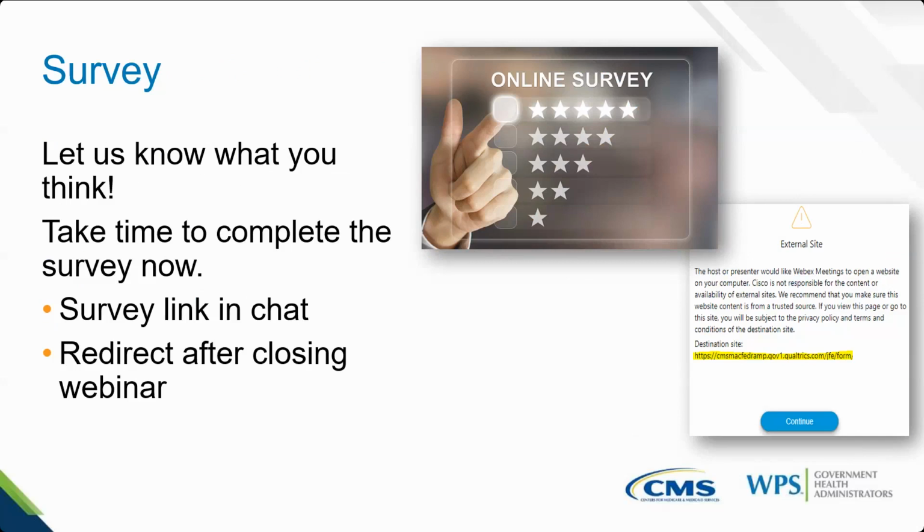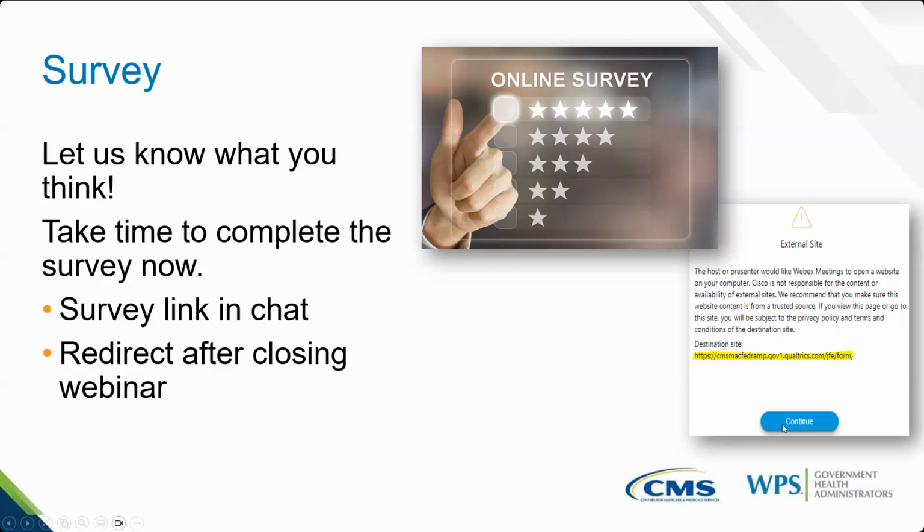I mentioned that you have a few options, depending on your preference. You can use the link that's in the chat, or when you exit the webinar, you'll be asked to go to an external site. The external site is the CMS Qualtrics page for the survey. That message is going to look something like this, where it says external site.